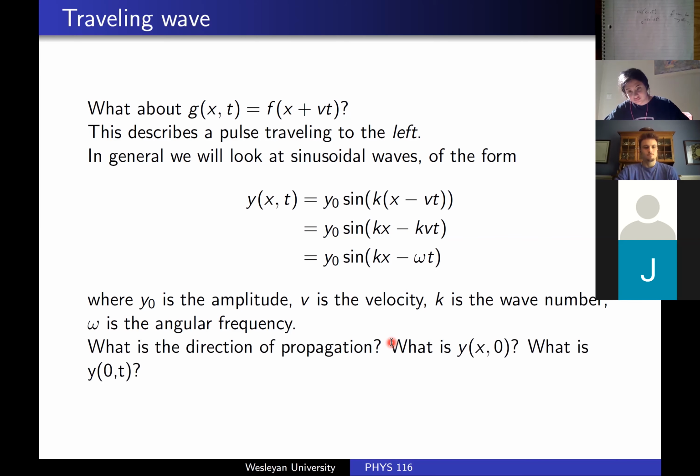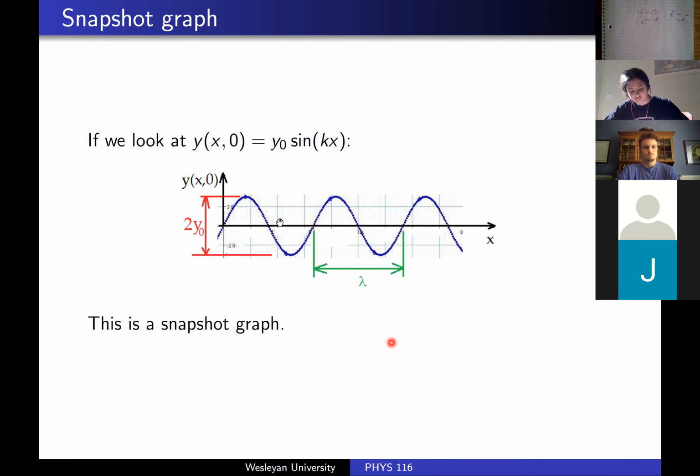So, just some illustrations. For plotting this function, I'm freezing it at t equals 0, so I look at only the x dependence. Then the amplitude is half of the distance from the peak to the trough, or you can say the full thing is 2 times the amplitude.